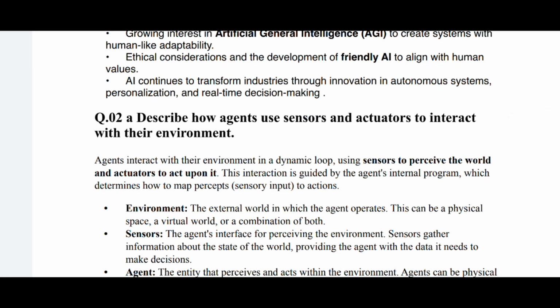Describe how agents use sensors and actuators to interact with their environment. So there is the environment, the world, and here there are types: sensors, actuators and agents. Agents means humans, robotics and ChatGPT-like agents. Sensors, for example, are like a smart mobile.